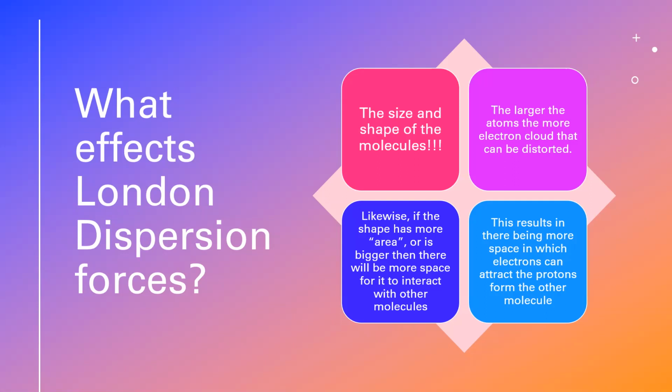But if you put your hand in a fist, then less of your skin would be exposed to the hot stove. And that's how shape affects the strength of London dispersion forces, because similar to the open hand, there is more space for these clouds to interact and attract each other and create this interaction.